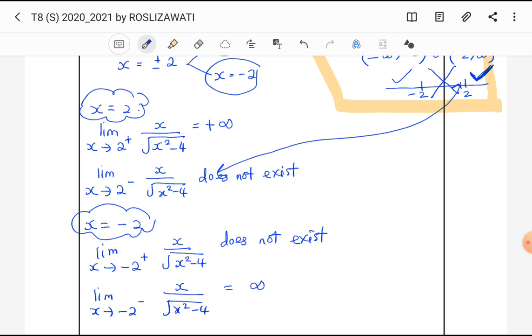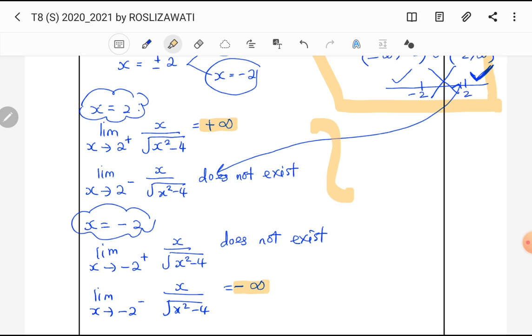And then, you akan dapat, the answer is negative infinity. Okay, so bila kita cari, walaupun ada satu yang does not exist, tapi satu lagi infinity. Okay, the same thing for x equal to negative 2. Walaupun ada satu does not exist, tapi satu lagi ada jawapan dalam bentuk infinity juga.